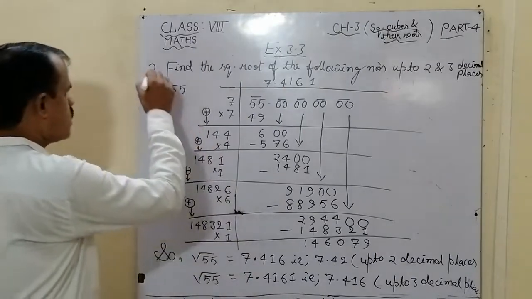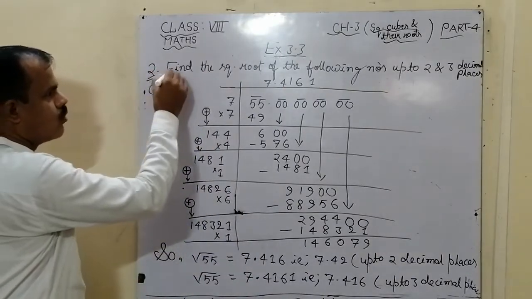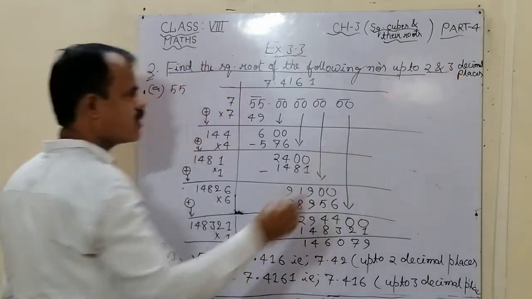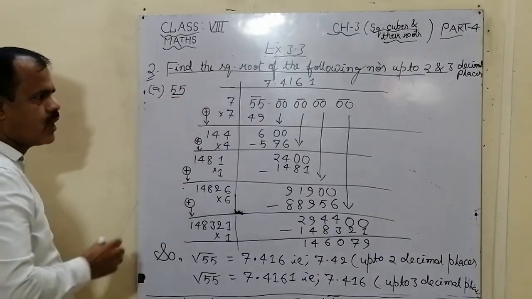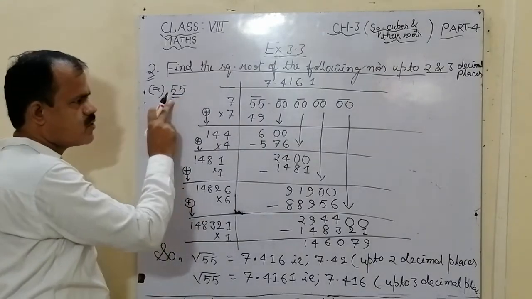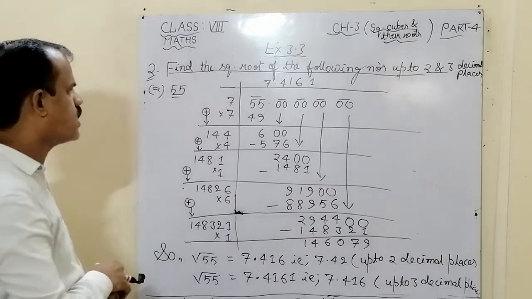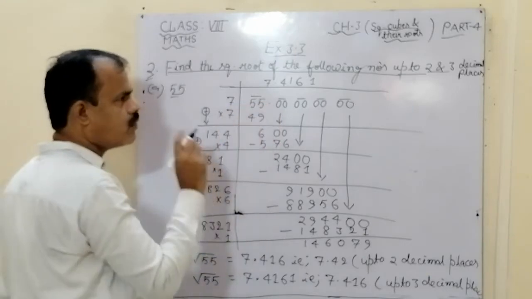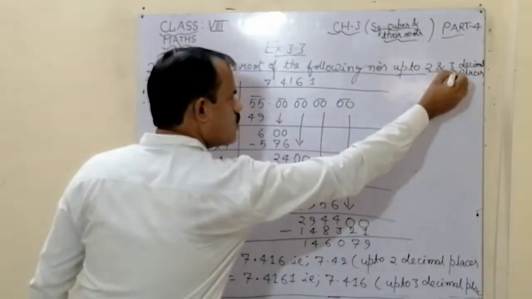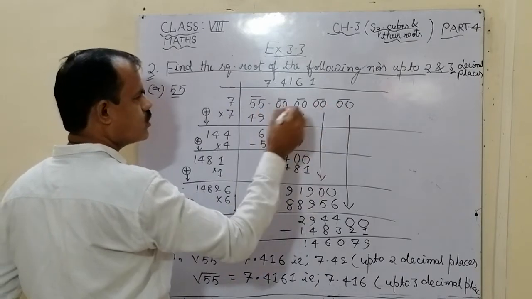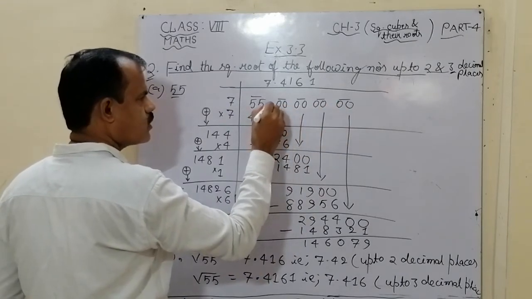Yes, students. Next question, question number 2. Find the square root of the following numbers up to 2 and 3 decimal places. We have the number 55 here. We have to find out 2 and 3 places of decimal. So we write here 55. And since this is 3 places, we have to put 4 pairs of 0 after the decimal.